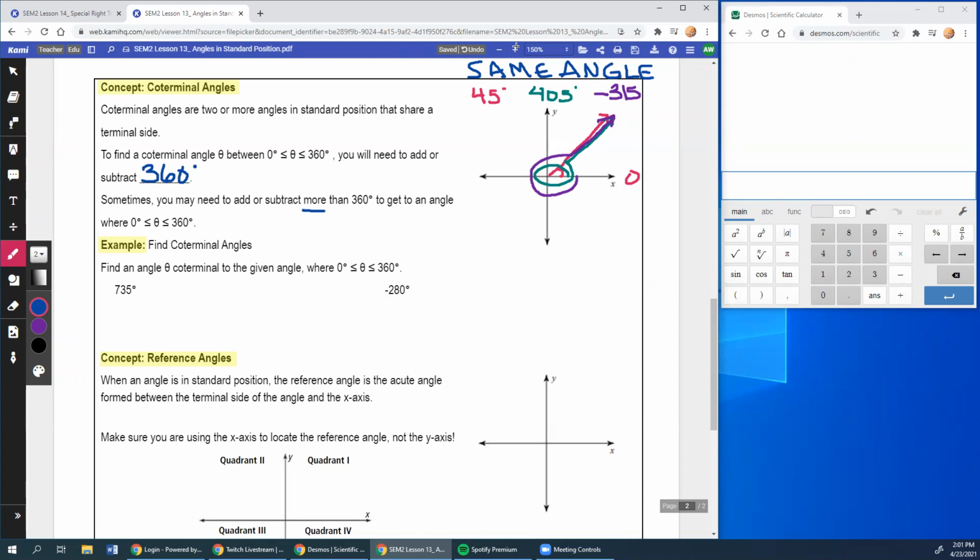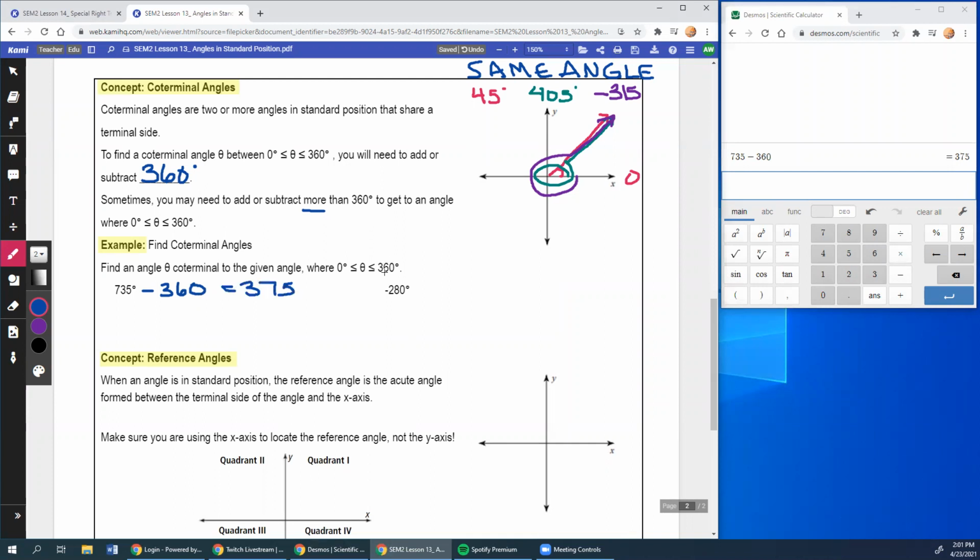So let's find coterminal angles, so 735. That is way larger than 360. So what we're going to do, we start with subtracting 360 and see where that gives us. So coming over here to my calculator, 735 minus 360. As you can see, it gives us 375.